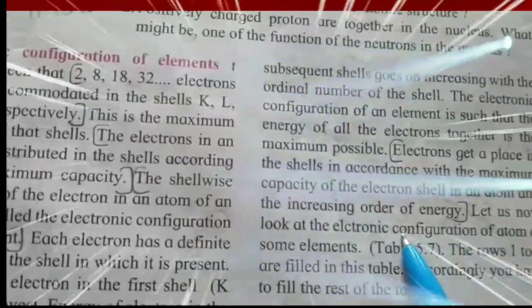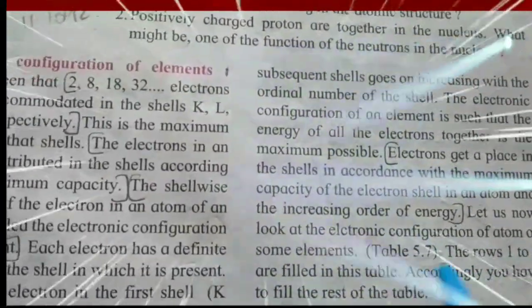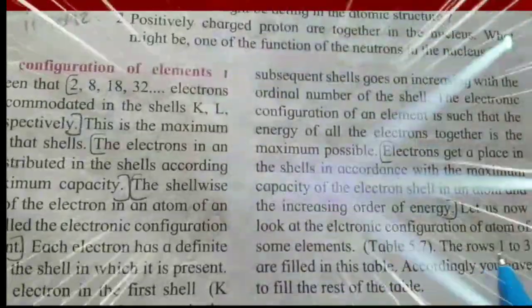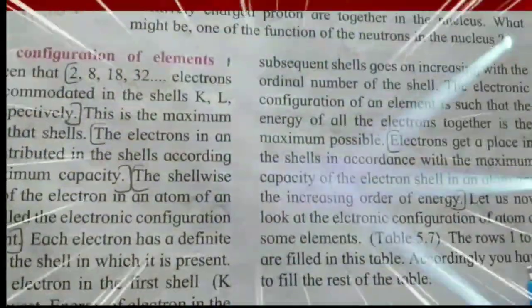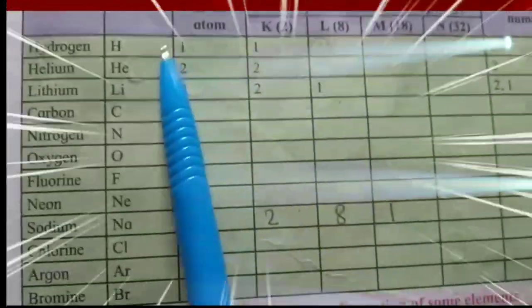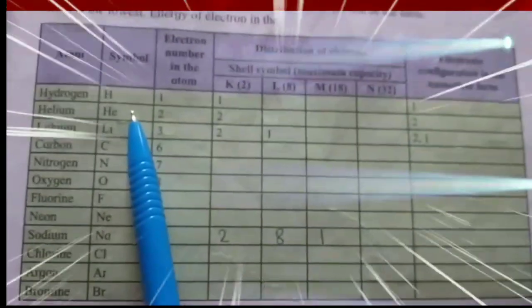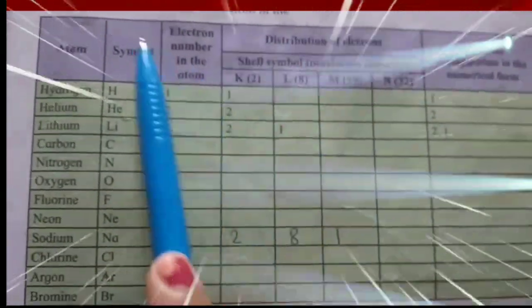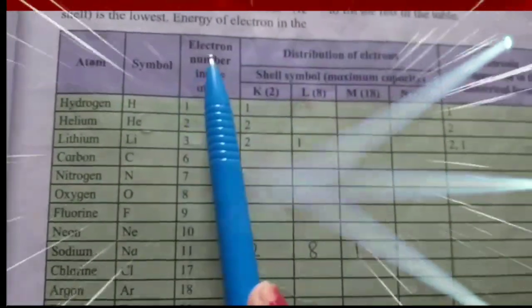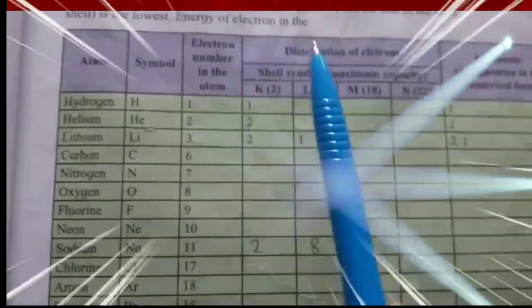Let us now look at the electronic configuration of atoms of some elements. See, rows 1, 2, 3 are filled in this table. Accordingly, you have to fill the rest of the table. Let us move towards the table. See, students, this is the table. Hopefully, you are able to see. Here the first column is of the atom and its symbol, then the electron number in an atom.